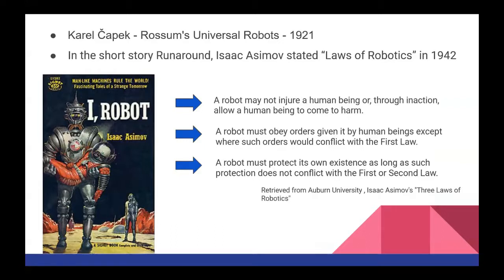First, a robot may not injure a human being or through inaction allow a human being to come to harm. Second, a robot must obey orders given it by human beings, except where such orders would conflict with the first law. And the third one is, a robot must protect its own existence as long as such protection doesn't conflict with the first or second law.